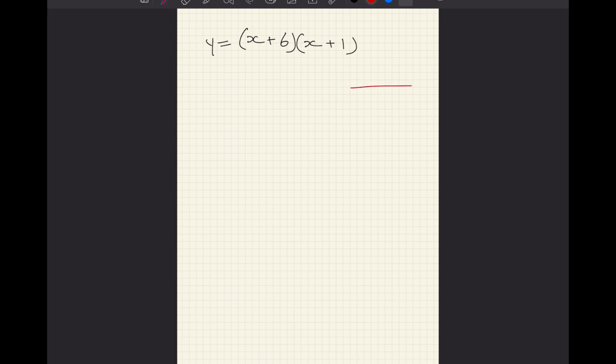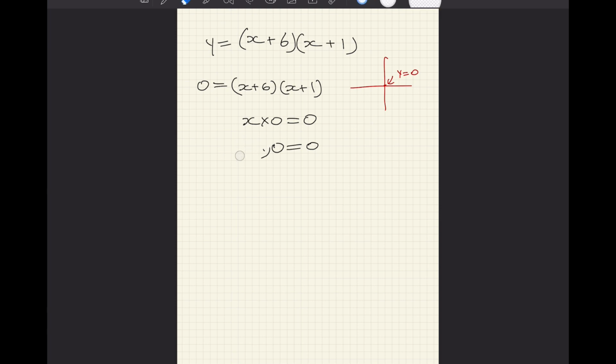Now, as we did for the last one, we make y equal to 0 because y equals 0 at the x-axis. So 0 equals (x + 6)(x + 1). Now, anything times 0 will always equal 0, so x + 1 times 0 is also going to equal 0.